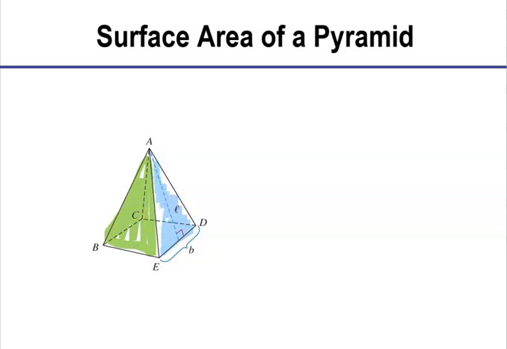How many triangles do we have? Well, 4 in this picture, because the base of our triangle appears to be a square. So we have 4 triangles. And we don't have 2 bases this time, we just have 1 base, plus the base. Because the definition of a pyramid is these guys meet at 1 point.